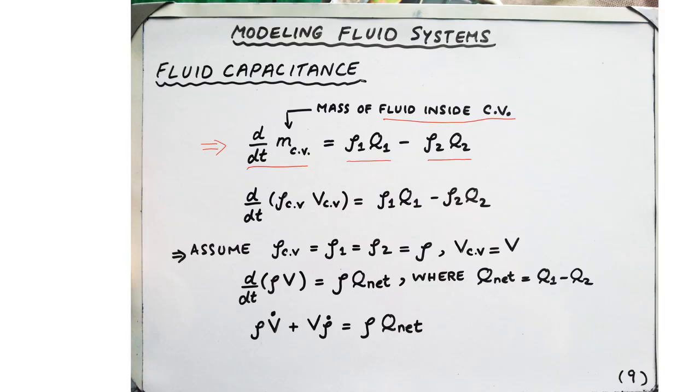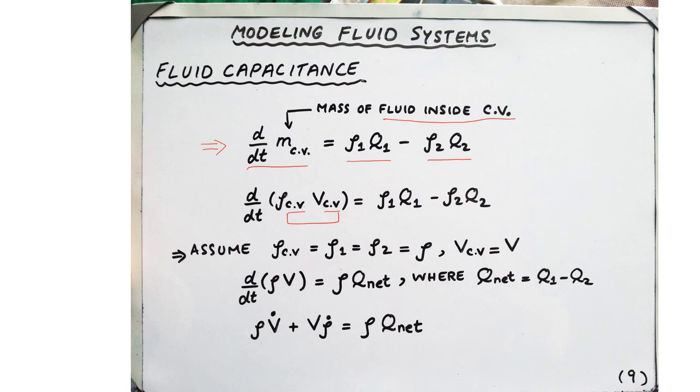Now we can express mass as a product of density and volume, that will be the density of the fluid inside the control volume and the volume of the fluid inside the control volume as VCV. So the left hand side has been written as a derivative of the product.